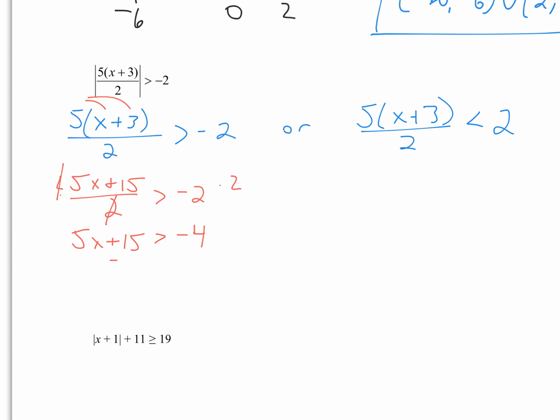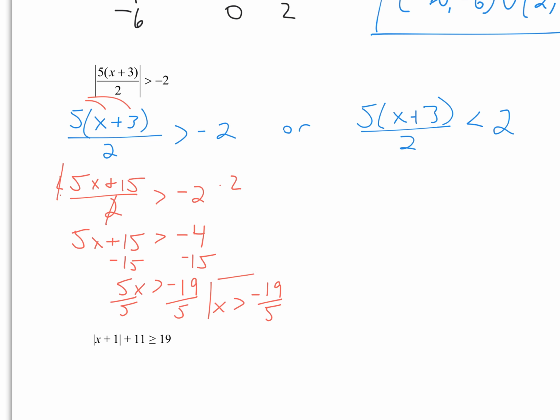Continue working here, subtract 15. 5x is greater than negative 19, and divide by 5. So our first value is x is greater than negative 19 fifths.